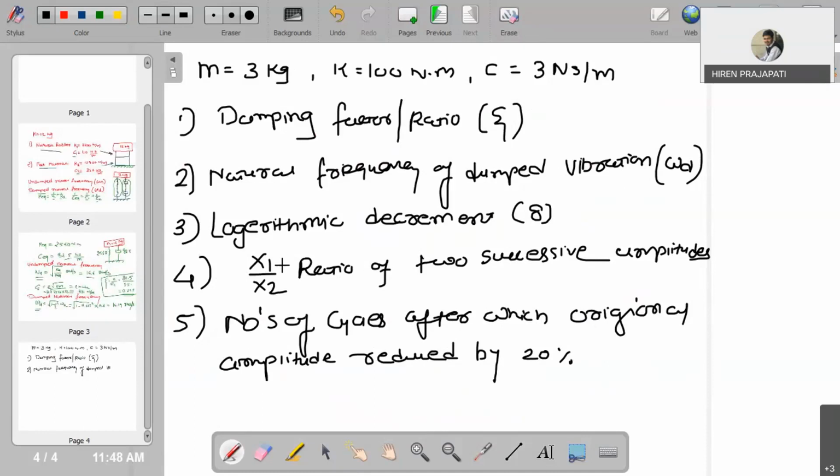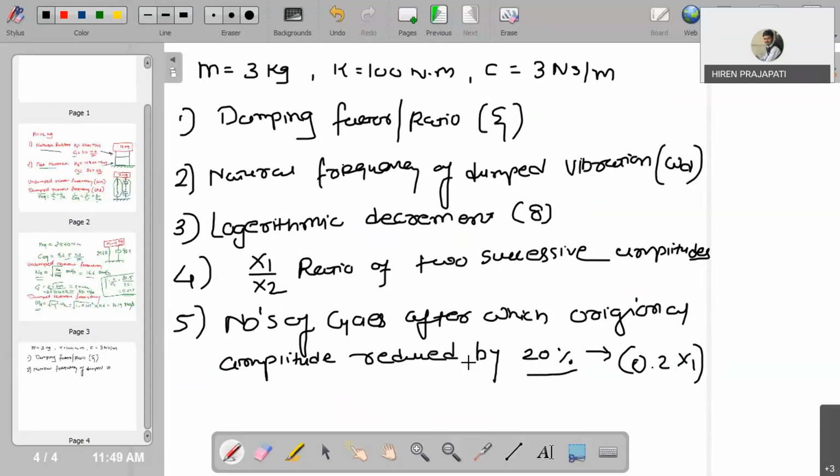Original amplitude means first amplitude, means x1 is reduced by 20%. So x1 is reduced by 20% means 0.2 times x1. This much of reduction, then how many cycles are to be performed for 20% reduction?